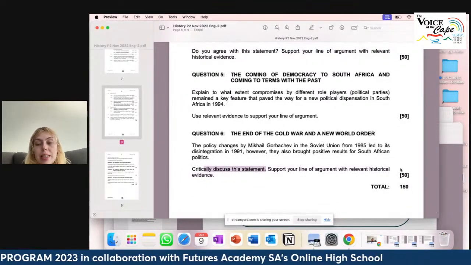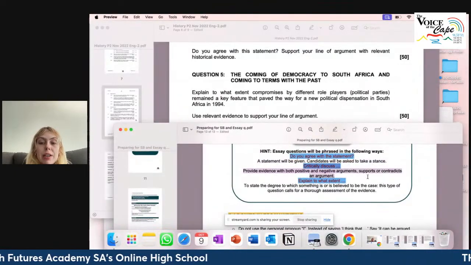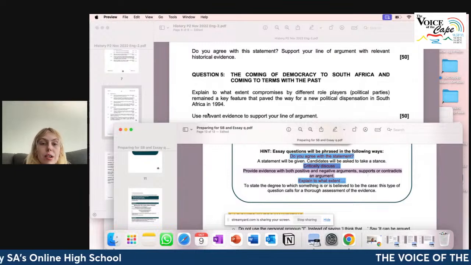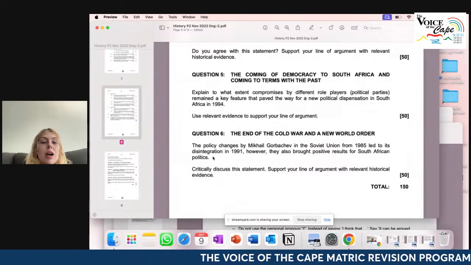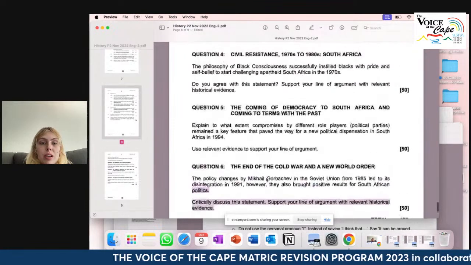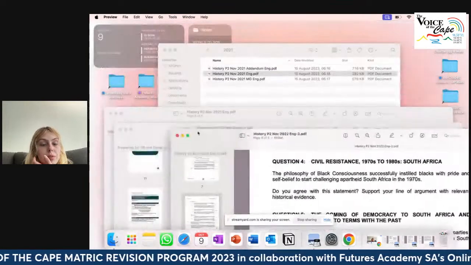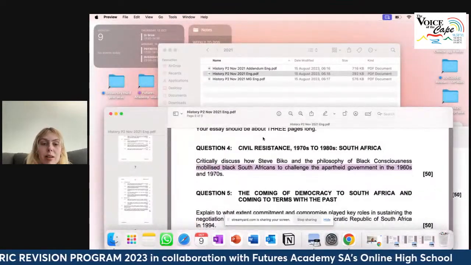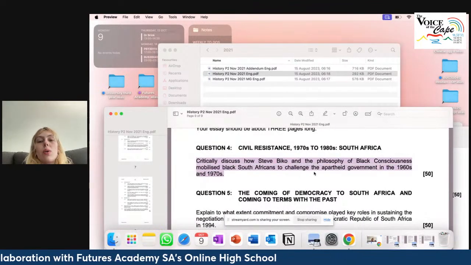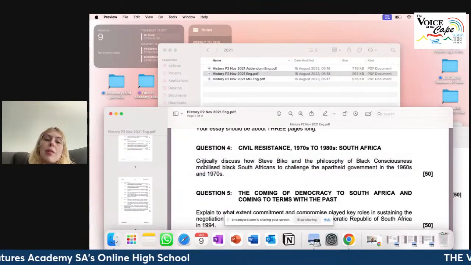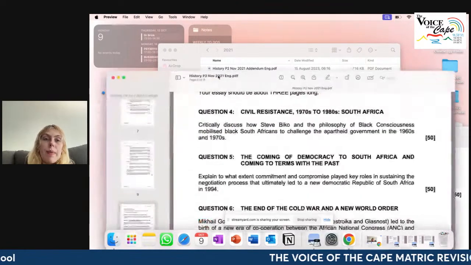Where it says critically discuss the statement, provide evidence with both positive and negative arguments which support or contradict an argument, and then you give your line of argument. So in terms of the 2021 example, you would discuss both ways, the pros and cons, of how it mobilized Black South Africans.